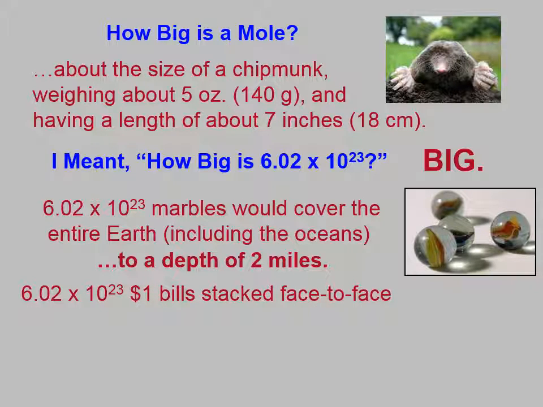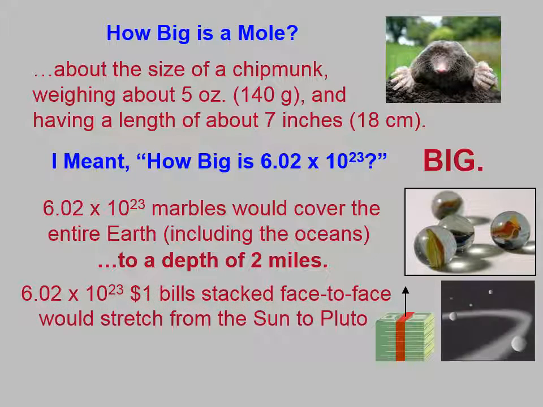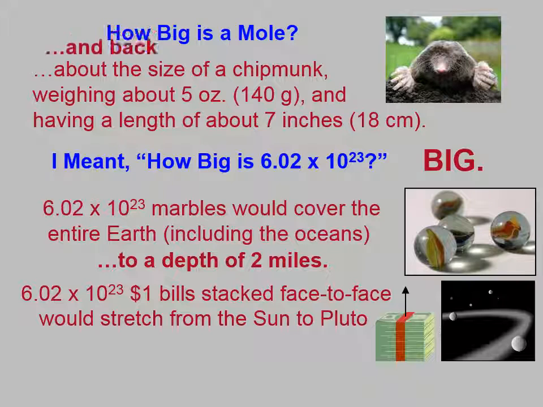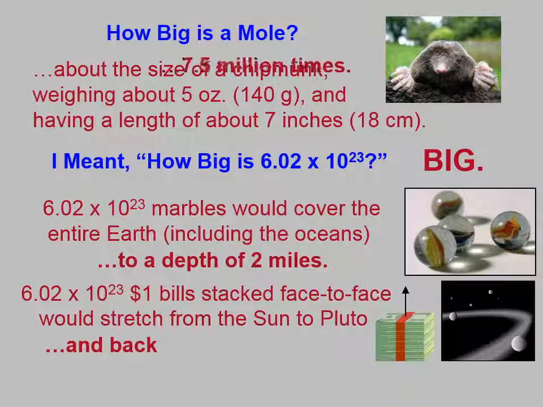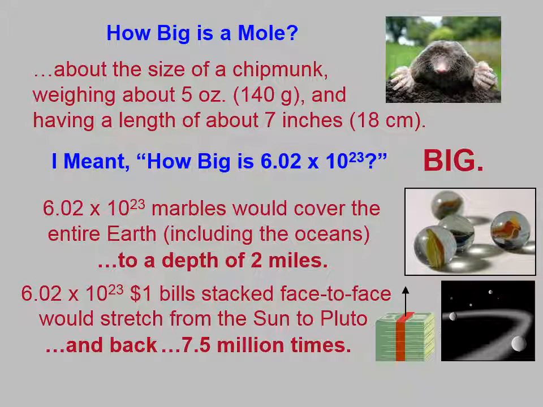6.02 times 10 to the 23rd $1 bills, stacked face to face, not end to end, stacked face to face as I've shown here, would stretch from the Sun to Pluto, which used to be a planet but now isn't, and back to the Sun 7.5 million times.